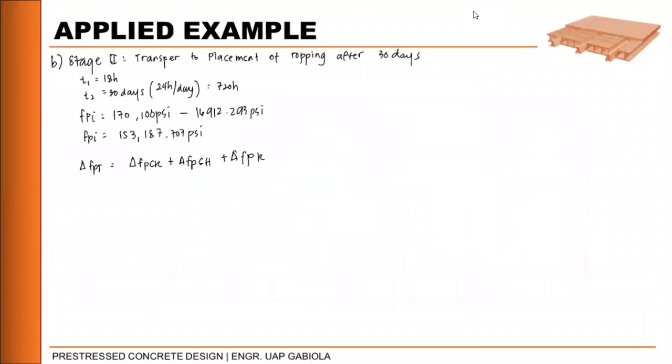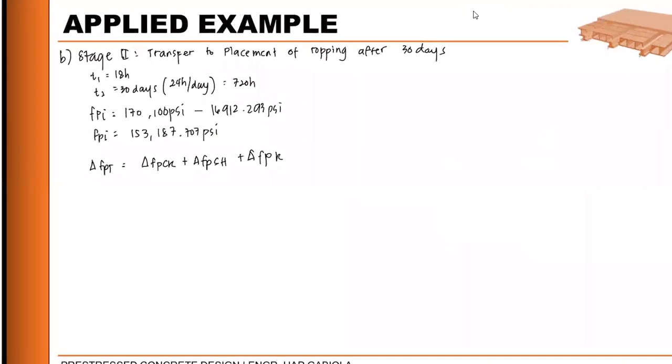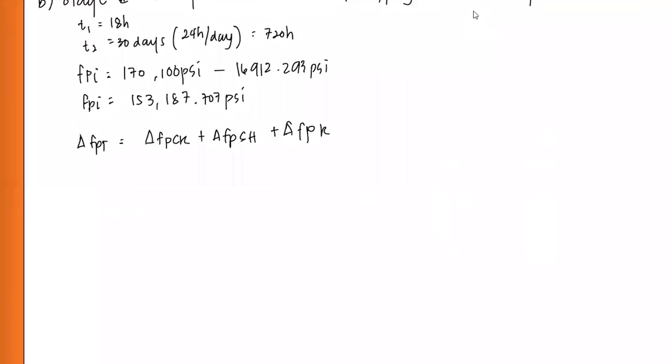Okay? So going back here, so kailangan natin siyang i-solve individually, no? So starting off with our creep. Okay? So si creep muna yung unahin natin. So si CR. Okay? Ang formula ni creep is given if we check yung ating previous lecture, no?